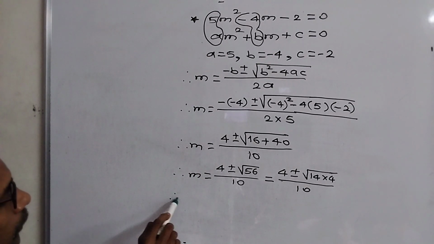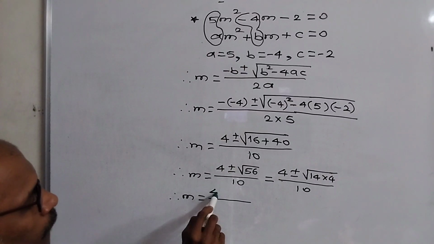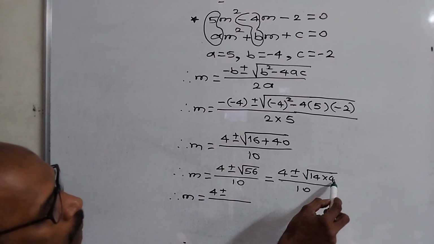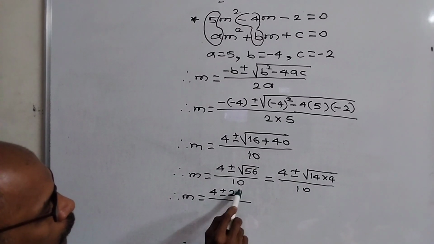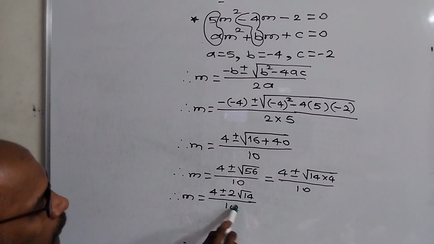Therefore m is equal to 4 plus minus square root of 4, which is 2 square root of 14, upon 10.